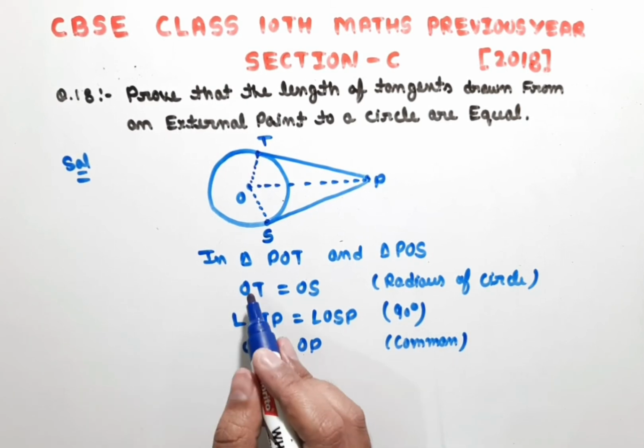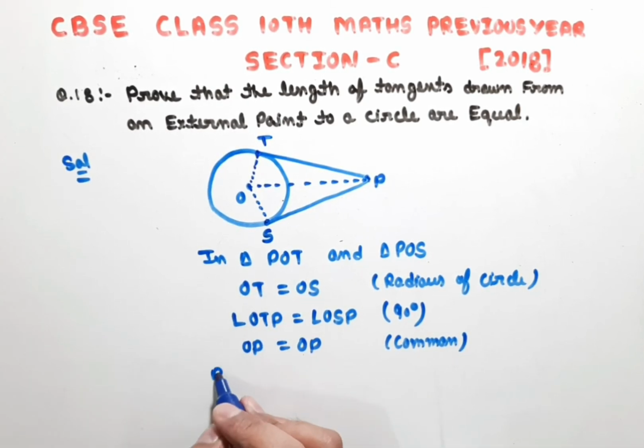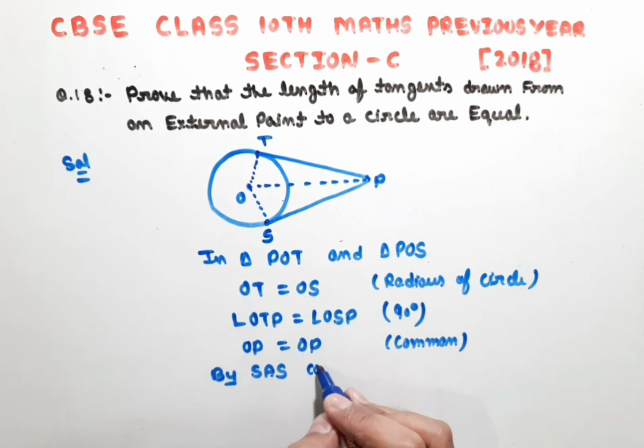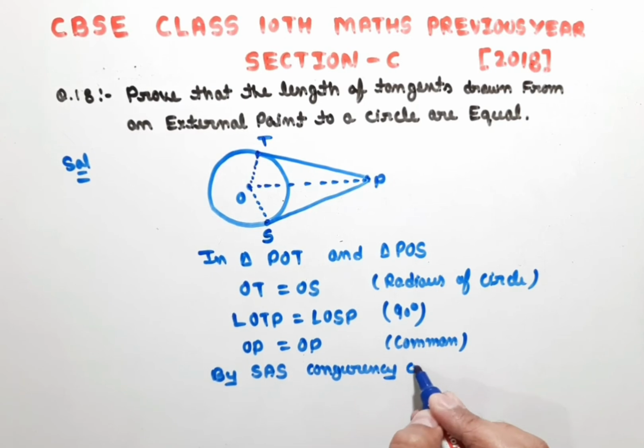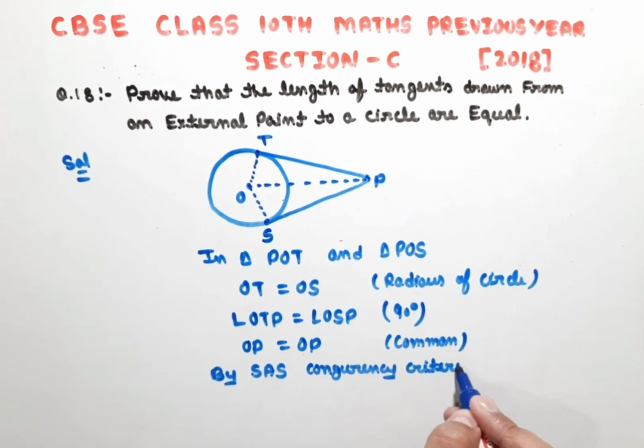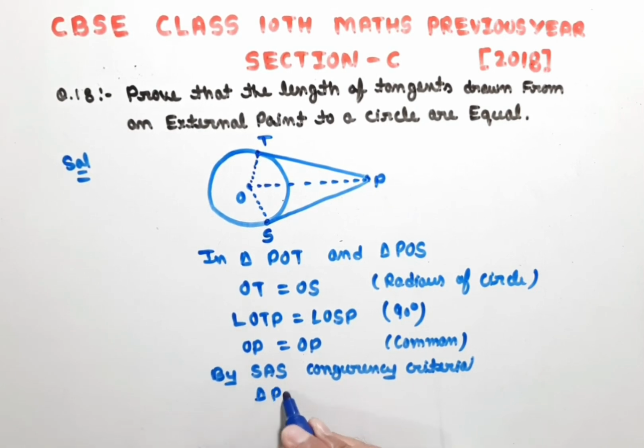Now by side angle side congruency criteria, triangle POT will be congruent to triangle POS.